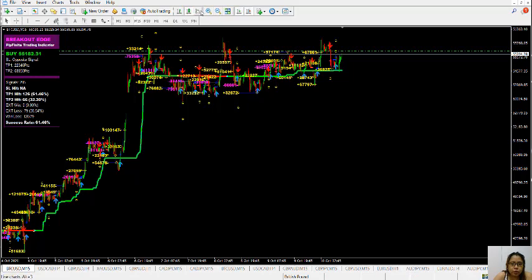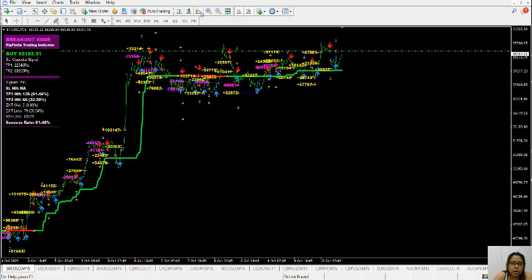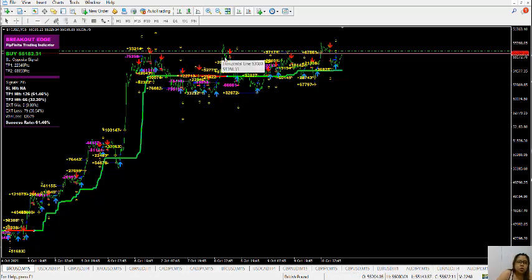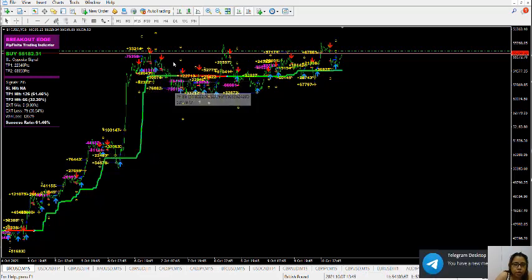If we load our line charts to reveal the close of the bar, we're going to see that this high right here is around the 55,000 zone.